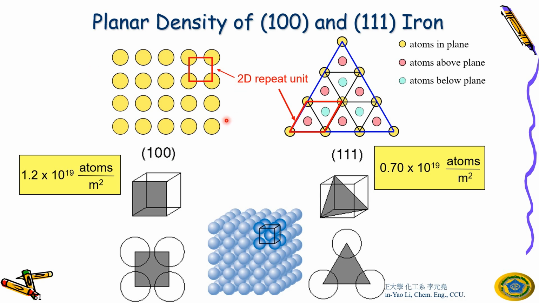That means which one has a better catalyst capability? Okay, so which one? This is 1.2 times 10 to 19. This is 0.7 times 10 to 19. Which one is better? This one, of course. So you want to have a surface of 100 instead of a surface of 111, so that you can have a better catalyst performance.